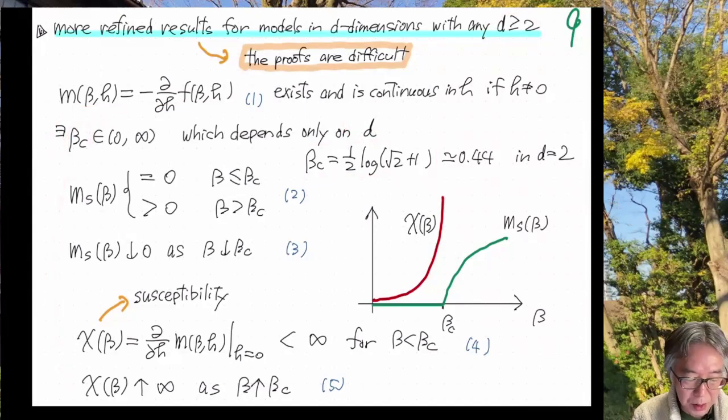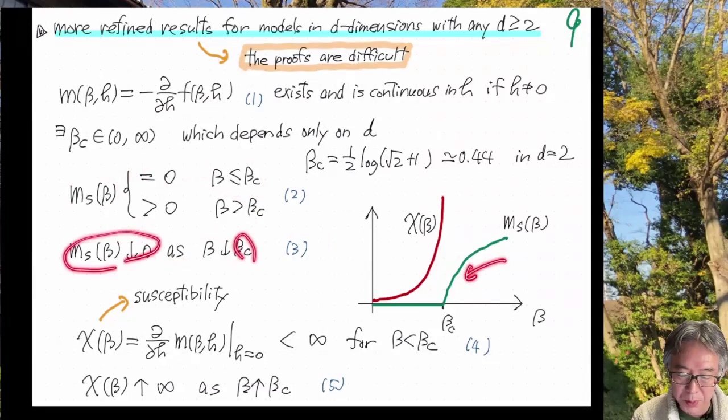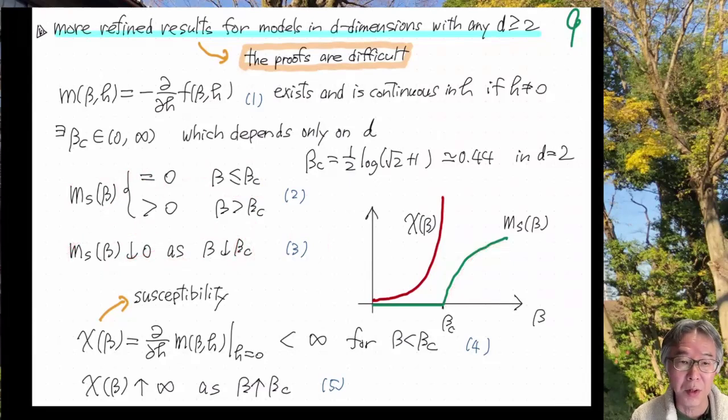Okay, first of all, this may be a definition of beta_c, but we see that the spontaneous magnetization m_s(beta) is 0 when beta is less than or equal to beta_c, and it's positive when beta is larger than beta_c. Okay, and well, actually, this is a very difficult theorem, but some people can also prove that as beta approaches beta_c from above, then this m_s(beta) approaches 0 continuously.